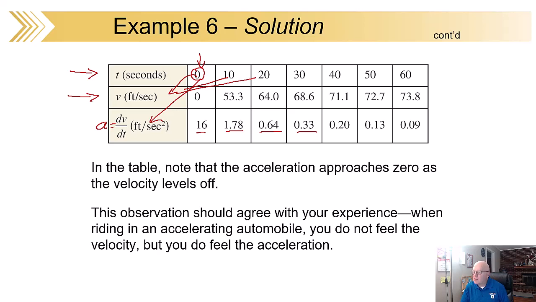If you think about riding in an automobile, when it starts up, that's at time 0, you can feel that acceleration. But as you get closer and closer to 60, you don't have as much acceleration. It doesn't push you back into the chair or the cushion as much.